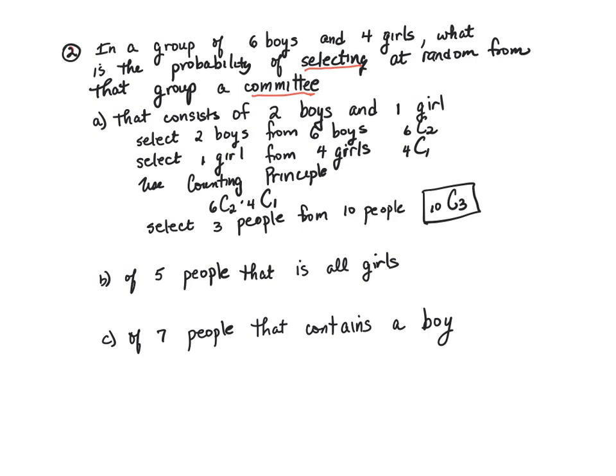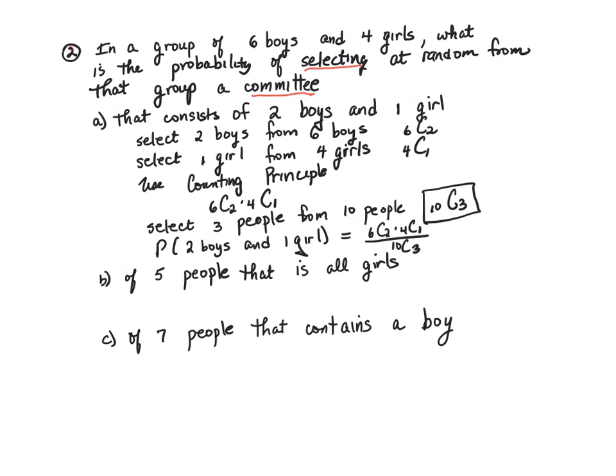So the probability that there'll be 2 boys and 1 girl would be the number of ways to select 2 boys and 1 girl, which is 6C2 times 4C1, divided by the total possible committees of 3, which would be 10C3.